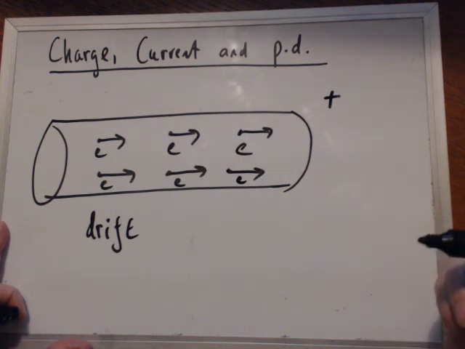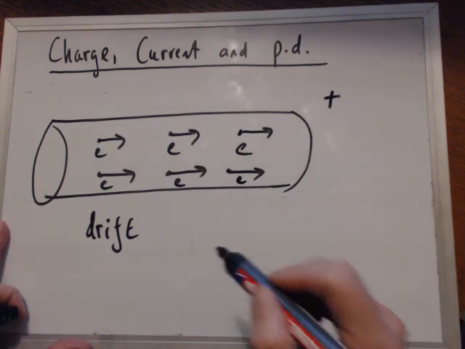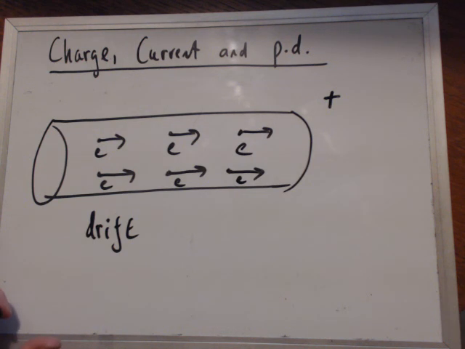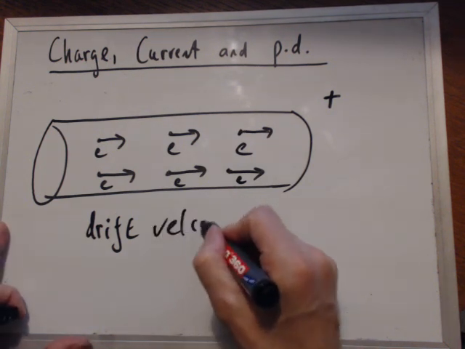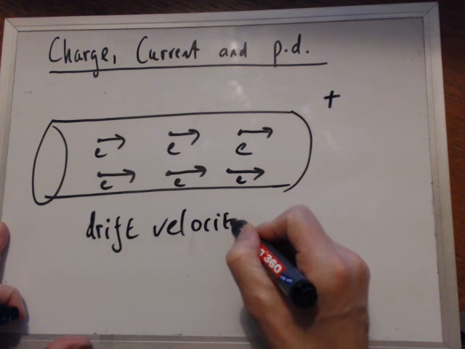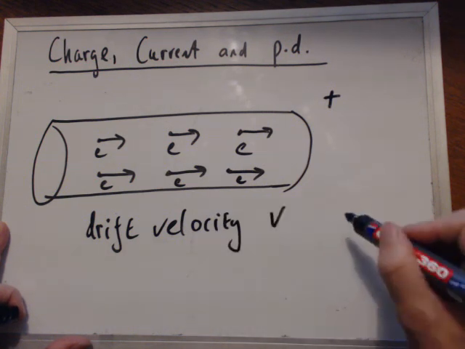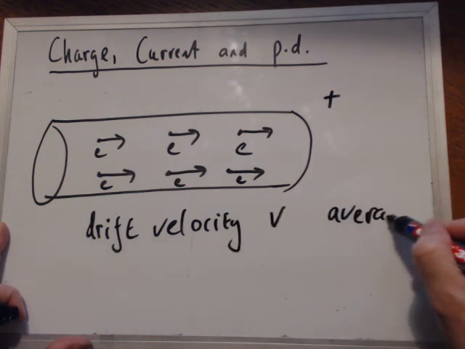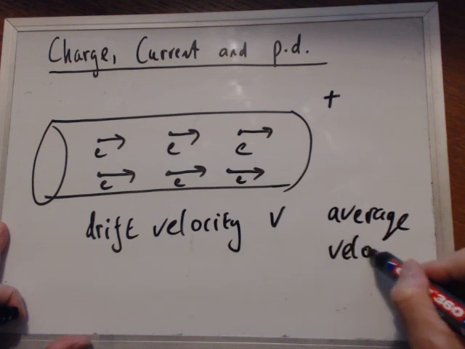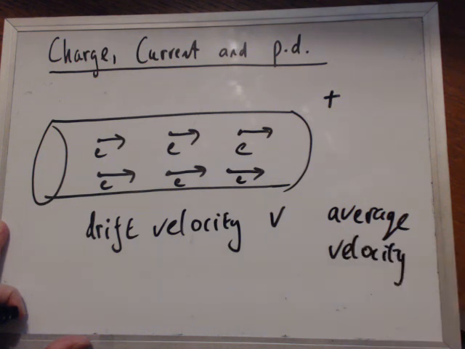The formula for this drifting is the drift velocity, given by v. This is an average velocity that an electron or any charged particle will feel.